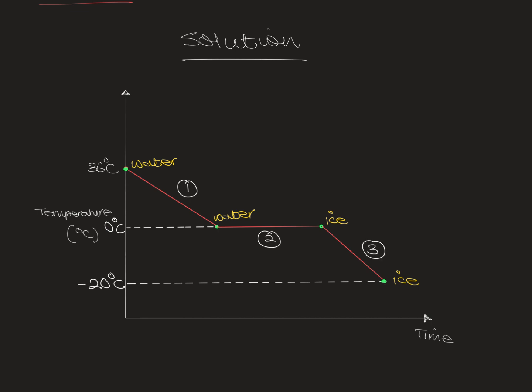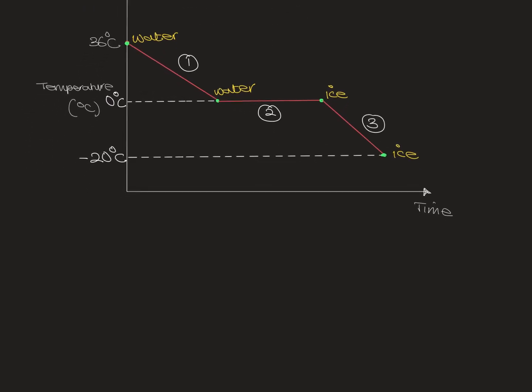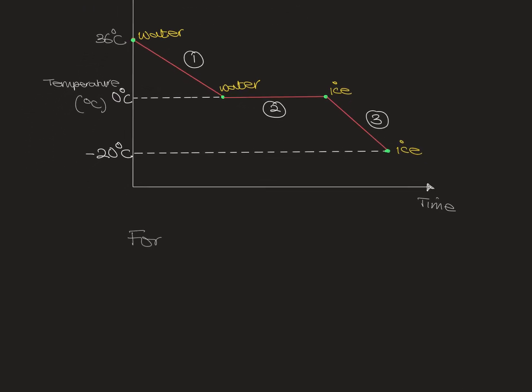Let's first try to know the quantity of heat that is involved. Then we will move on to answer the question. For stage 1, that involves a change of temperature. As you can see, water at 36 degrees Celsius becomes water at 0 degrees Celsius.